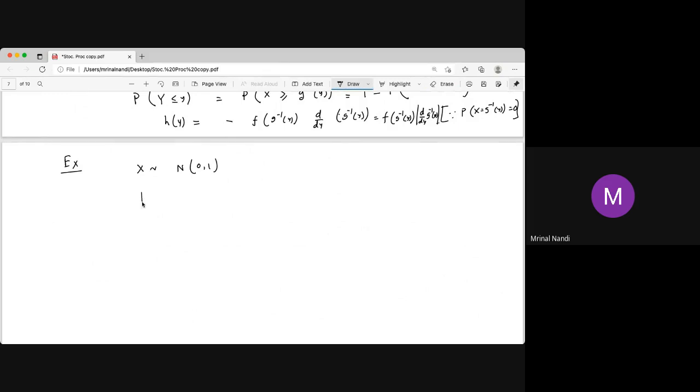So what is the PDF of that? Say f. What is f? f(x) is 1 by root 2 pi, no sigma is there, e to the power minus x square by 2, for all x in R.